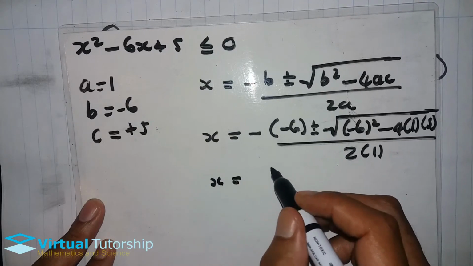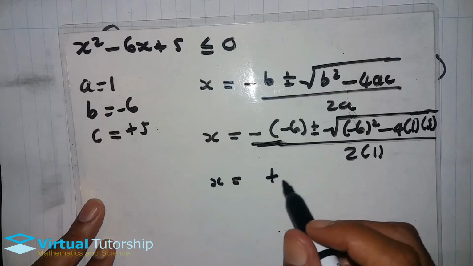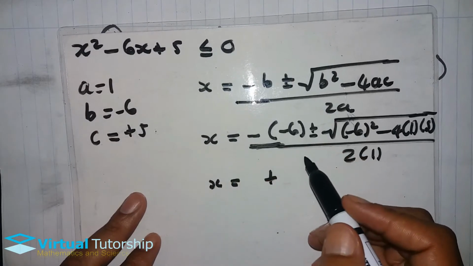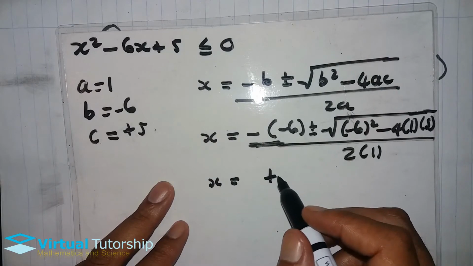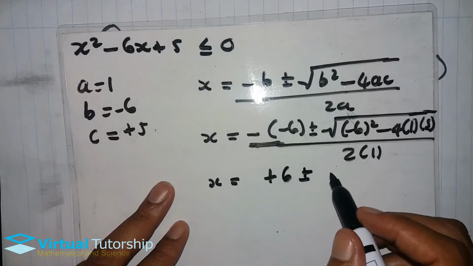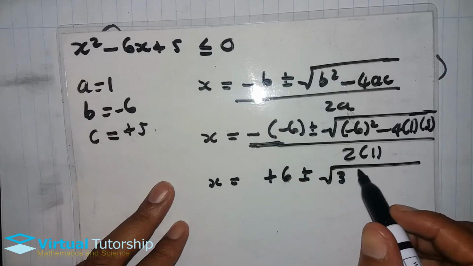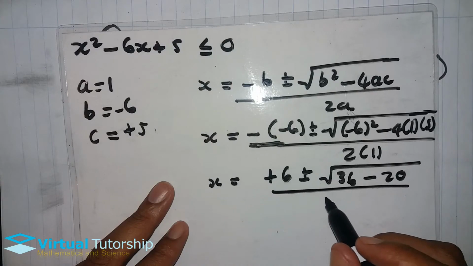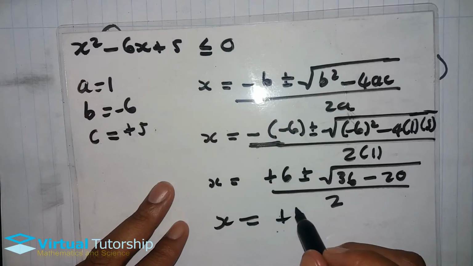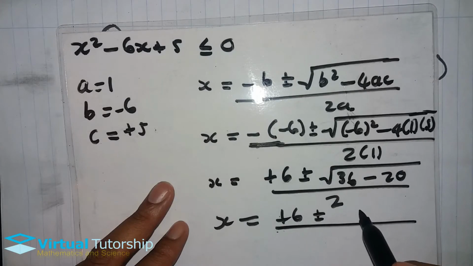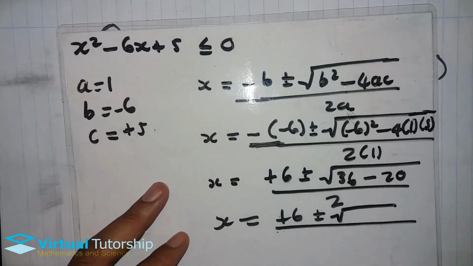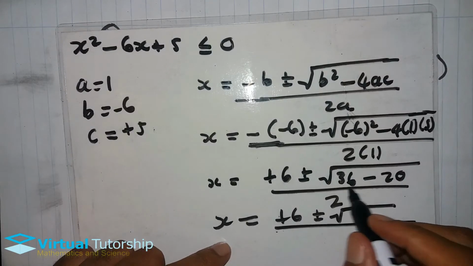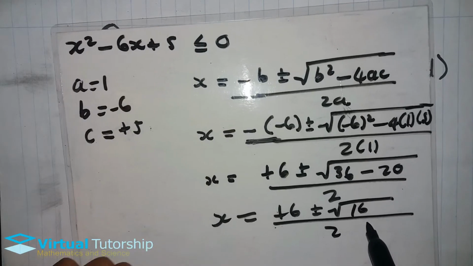So x is equal to, the minus is part of the numerator, so it's plus 6 plus or minus the square root of 36 minus 20, over 2.